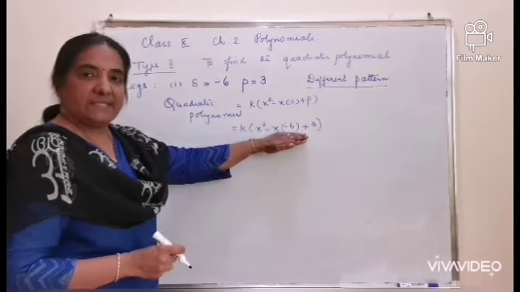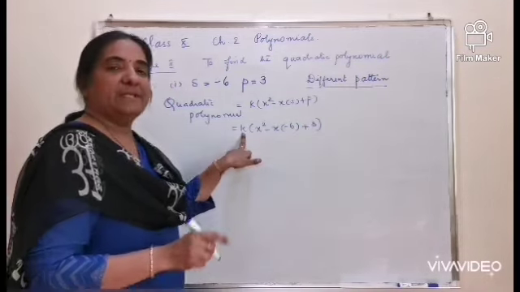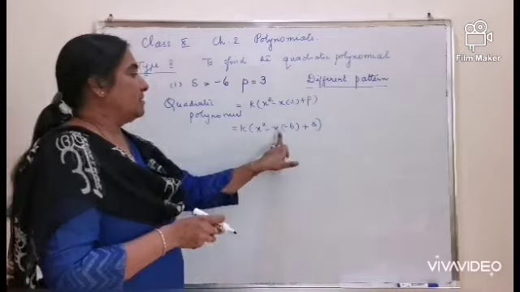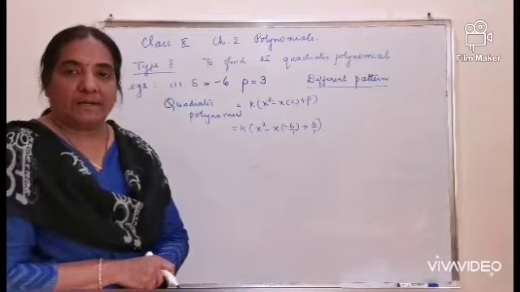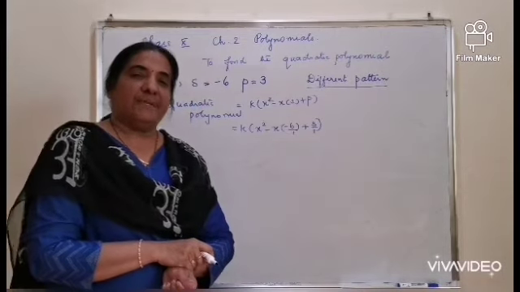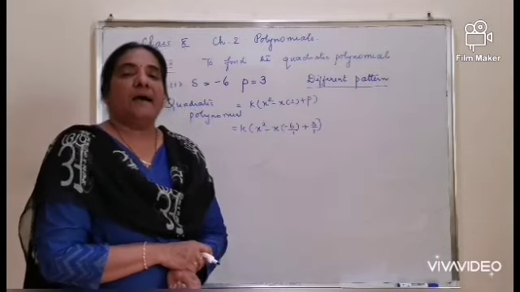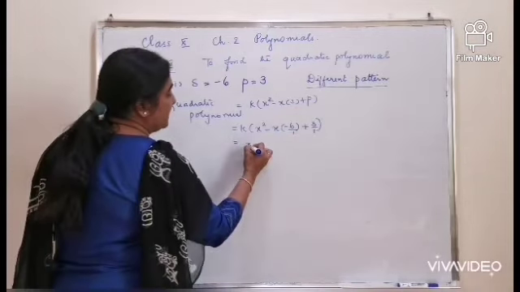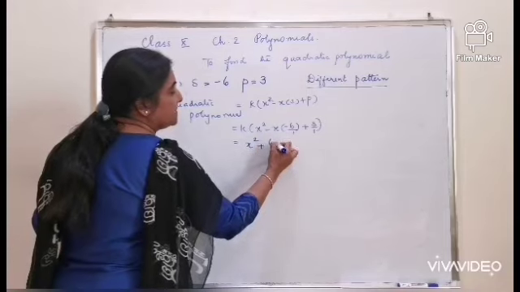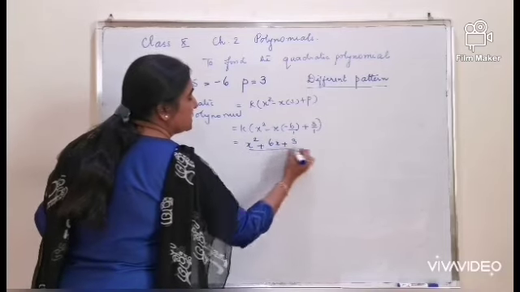Here you can see the value of k remains 1 because the value of the denominator is 1. -6 and 3 means it is -6 by 1 and 3 by 1. The value of k is 1 and therefore the polynomial is x square plus 6x plus 3.